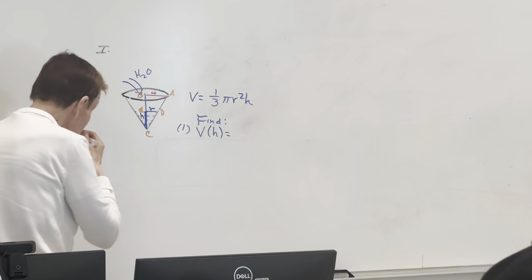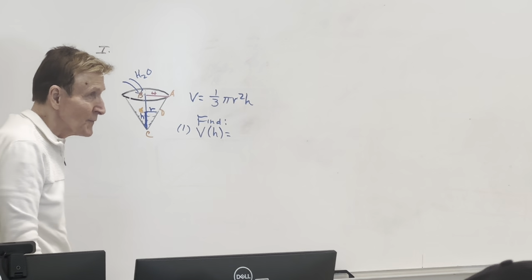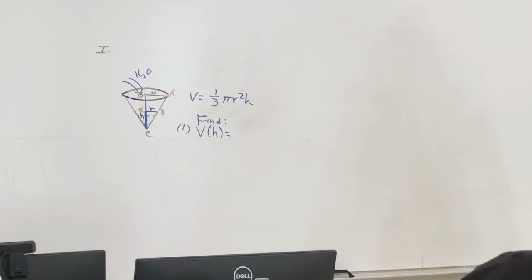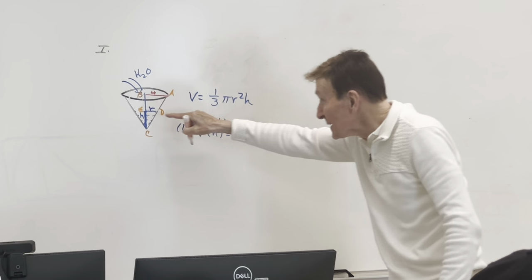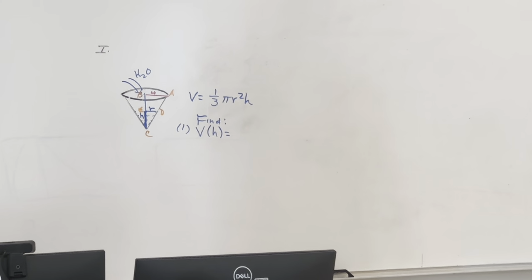I got A, B, C, D, E, C. I marked those for a reason. Does anyone see anything in my little sketch that I could say something about A, B, C, which is a triangle? And then underneath it, the water level, D, E, C, that's an E right here, guys, if you can't see it. D, E, C, that's another little triangle. There's two triangles involved here. Does anyone see anything at all?